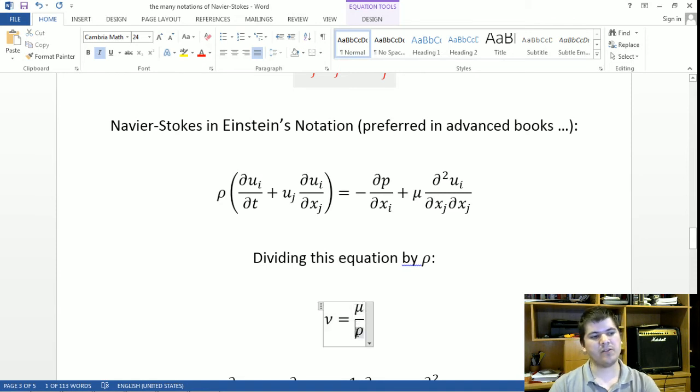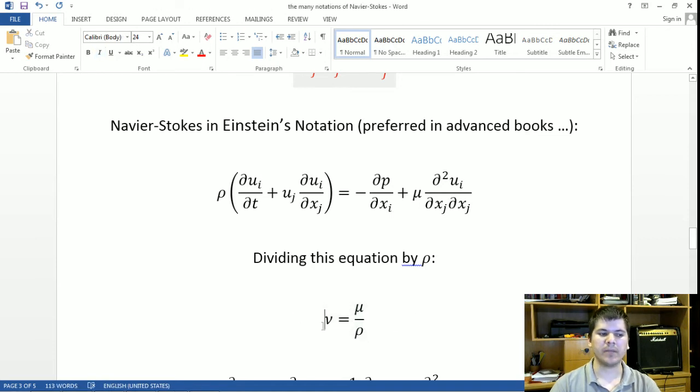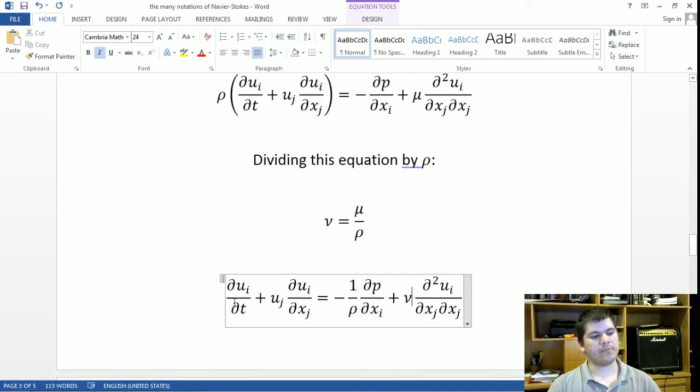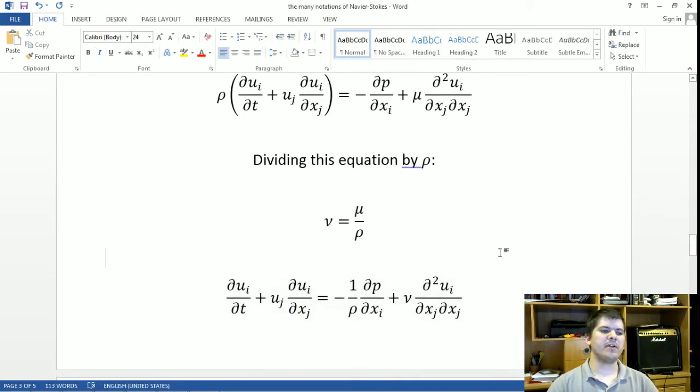In this case, you only have to go from one to the other, and you have to know the density of the fluid. Okay, so keep that in mind. Well, this form of Navier-Stokes is seen quite often in many textbooks. So from now on, I use this form of Navier-Stokes. Okay.